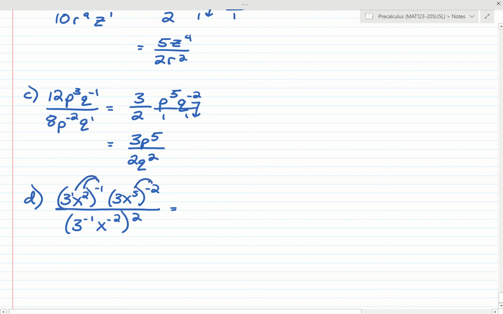We'll distribute this power, right? So our power of a product. And we'll distribute this. So let's see what we have here. This would be 3 to the negative 1st, x to the negative 2nd, times 3 to the negative 2nd, x to the negative 10th, all divided by 3 to the negative 2nd, x to the negative 4th.